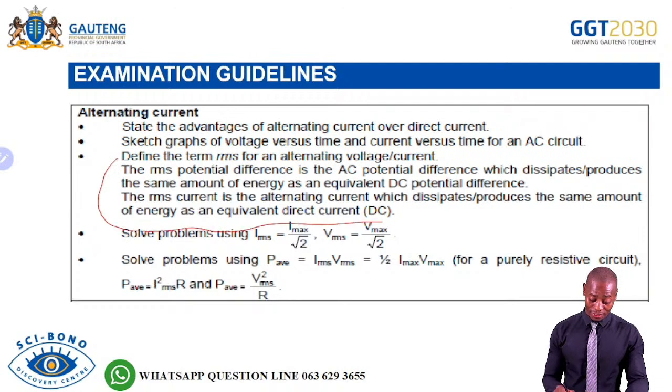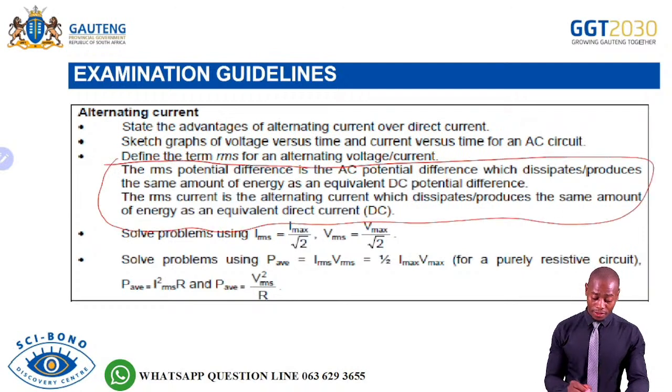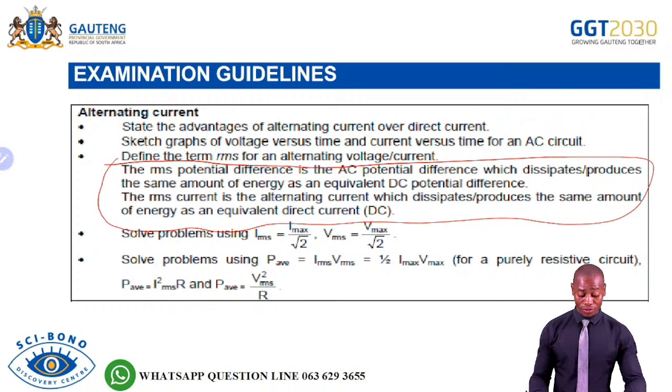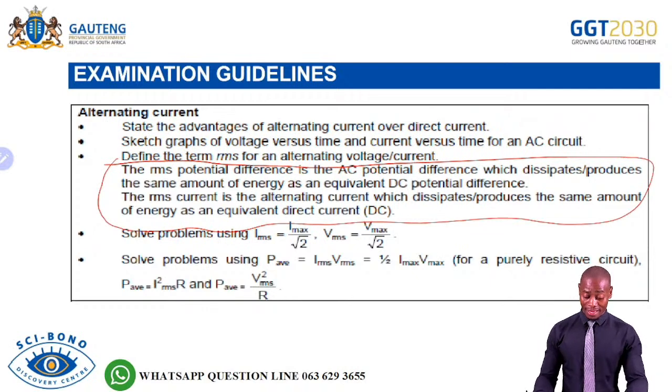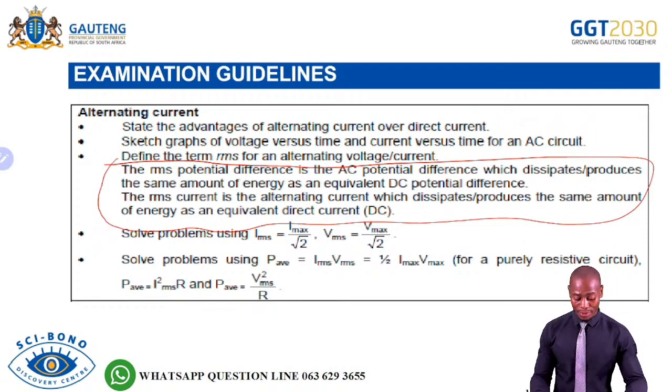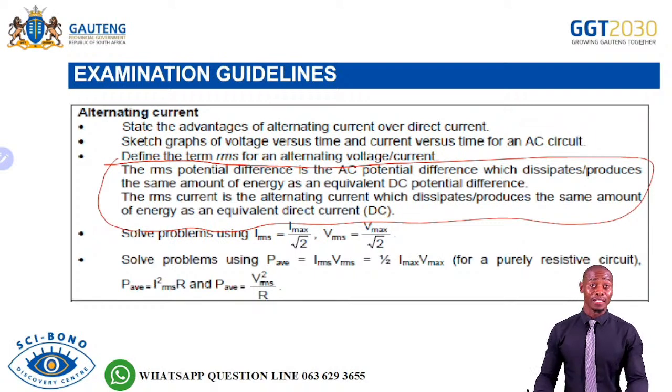The root mean square potential difference is the AC potential difference which dissipates the same amount of energy as an equivalent DC potential difference. Then the root mean square current is the alternating current which dissipates the same amount of energy as an equivalent direct current. And then solve problems using these equations.